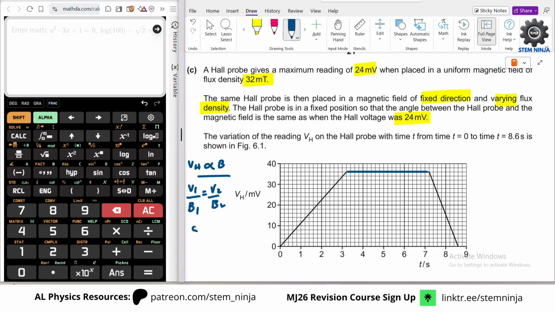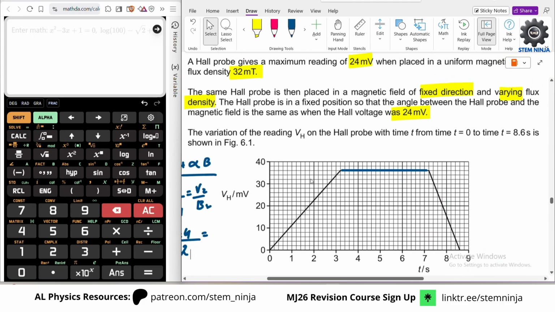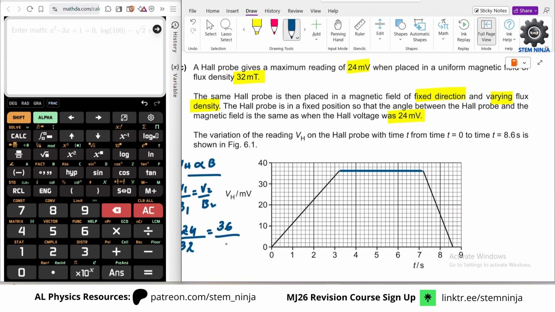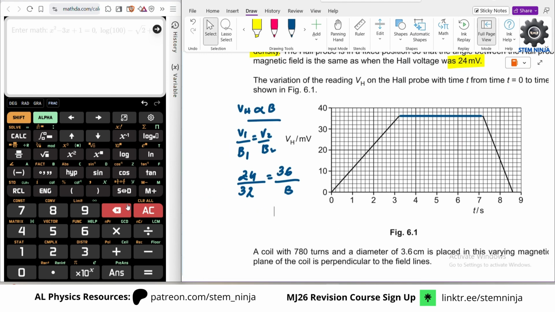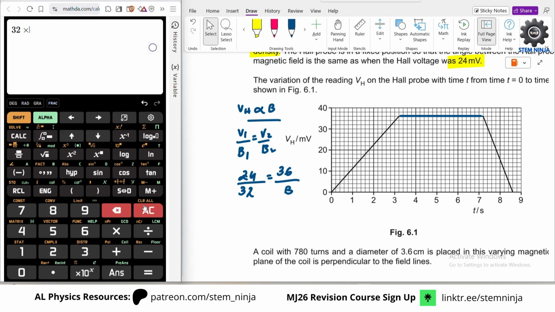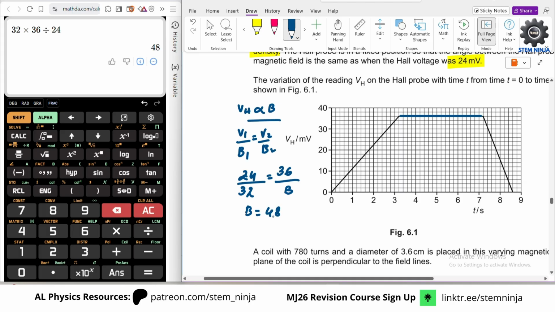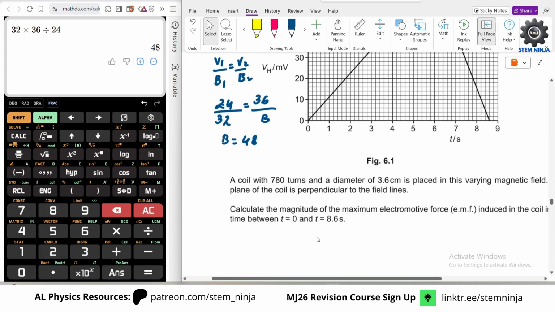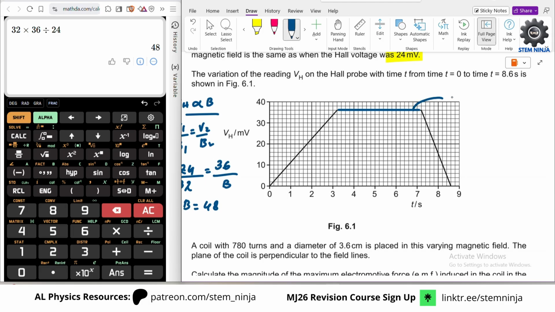So you have 24 when the field strength was 32. Now we need, this is 36. So we need to know what B is now, right? So this would be 32 times 36 divided by 24, so B is now 48. Simple math over here, simple ratios. So B is now 48, so this corresponds to 48 millitesla.